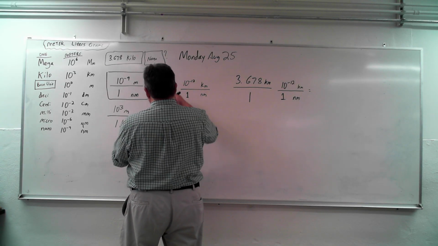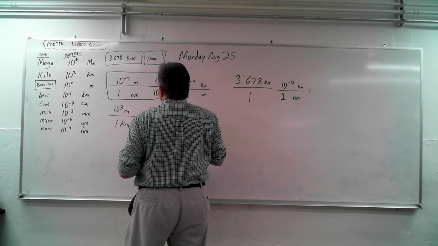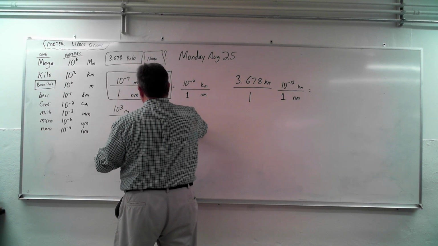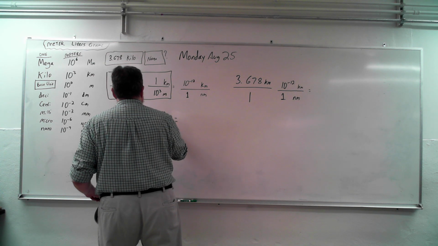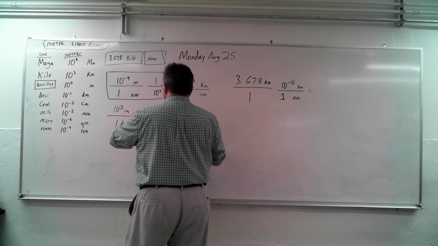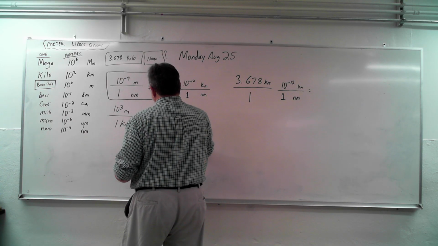But why would kilo be on the bottom if you're starting with it? Meters should cancel. 10 to the negative 9 meters. Give me a second. I'm ruining the flow here.